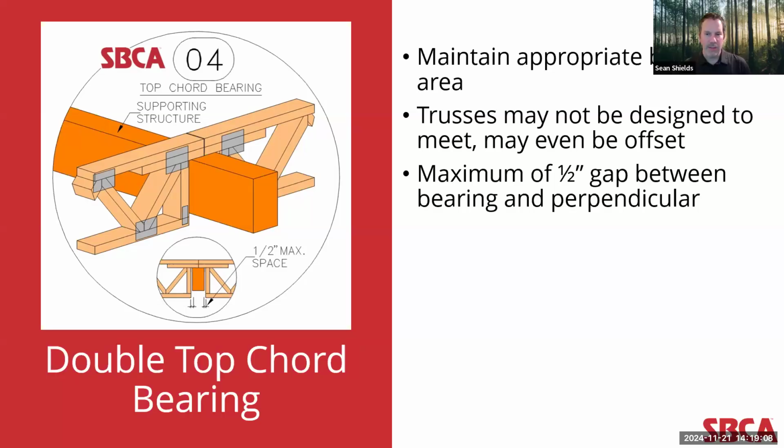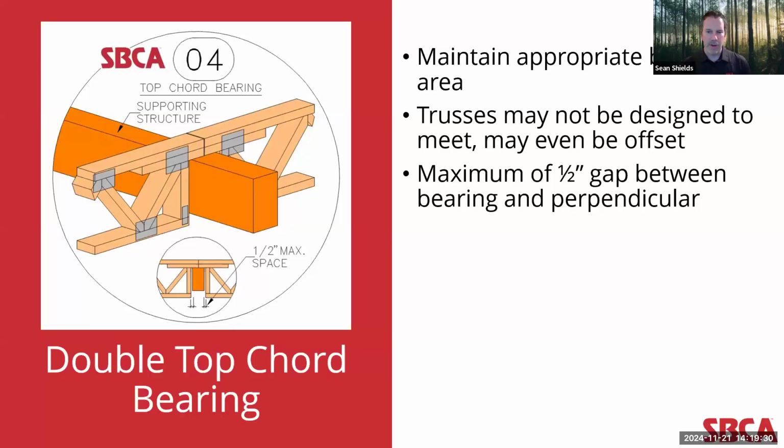The bearing area is typically the check for the truss designer in this case. They may or may not design the trusses to meet in the middle like this detail outlines, where they butt up against each other. There may just as likely be a designed gap between these two adjoining top chord bearing floor trusses, depending on the size of the support structure and/or the required bearing area.